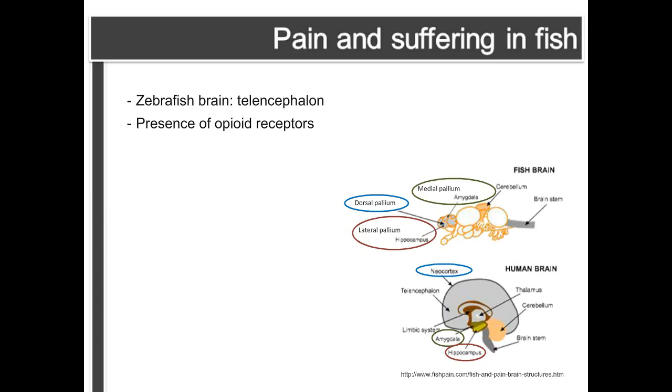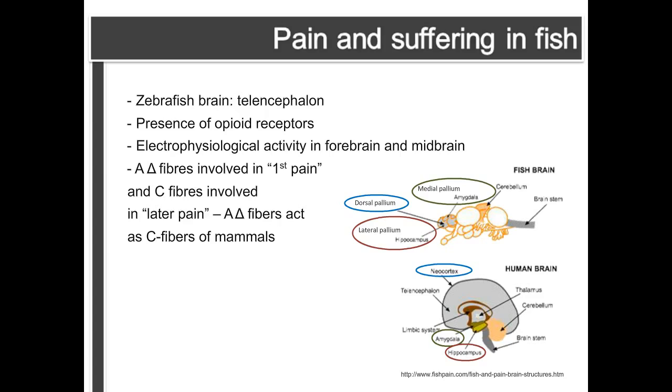Moreover, fish also have some opioid receptors in the brain. When they are facing a painful situation, some electrophysiological activity was detected in forebrain and midbrain.